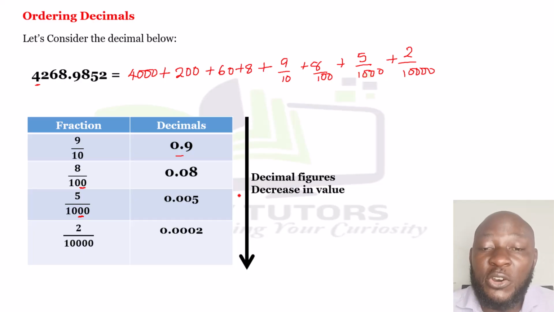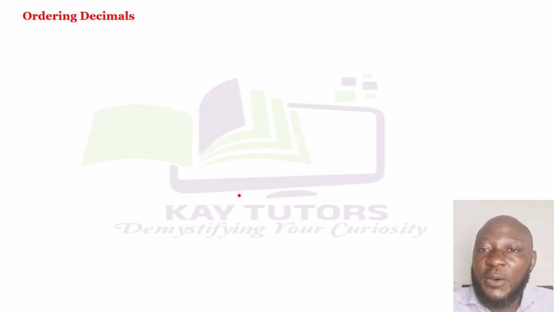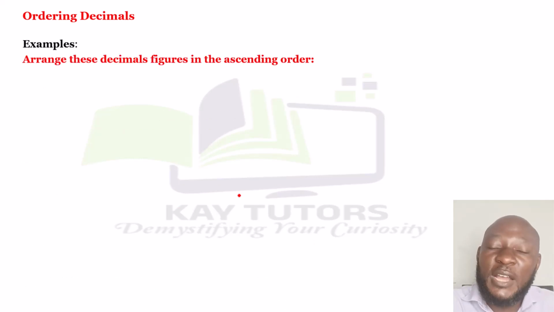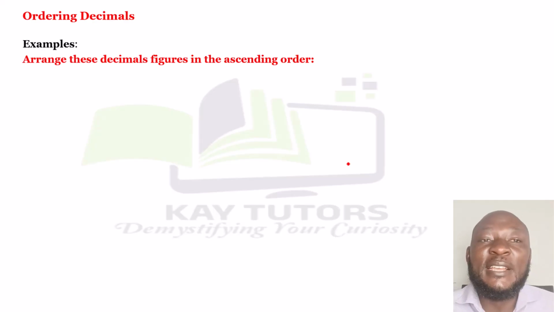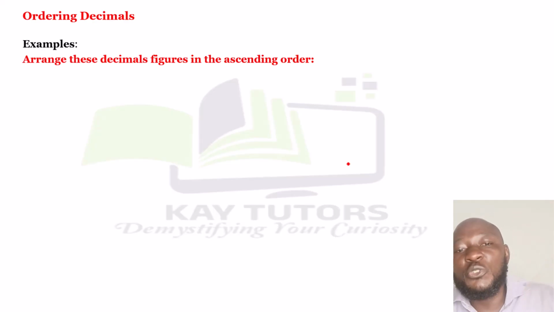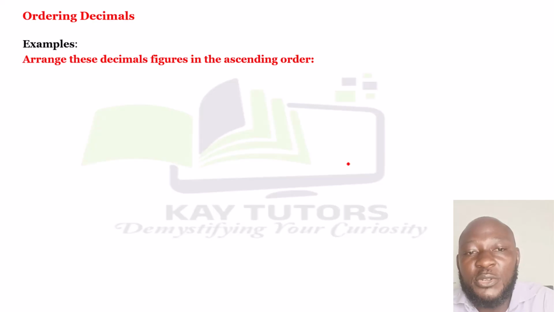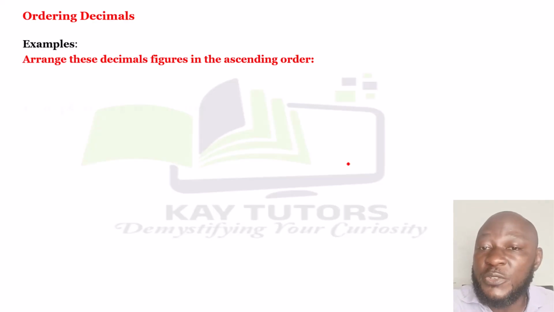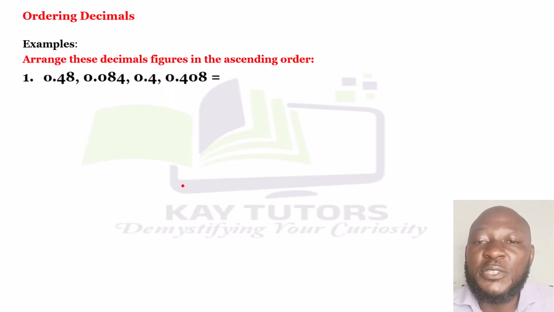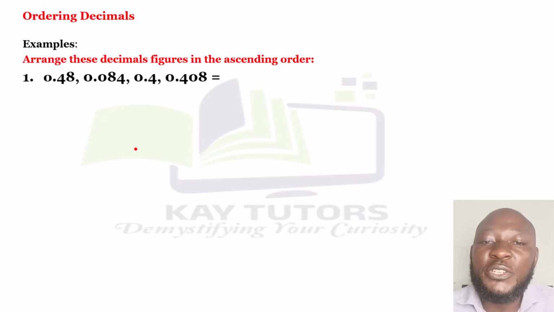This is simply ordering. So let us order these numbers now in order of size, in ascending order. Now we already know what ascending is. Ascending simply means you are moving from small to big, from small numbers to big numbers. So let us consider the first set of numbers here. Now, how can we order these numbers? This is very, very simple.